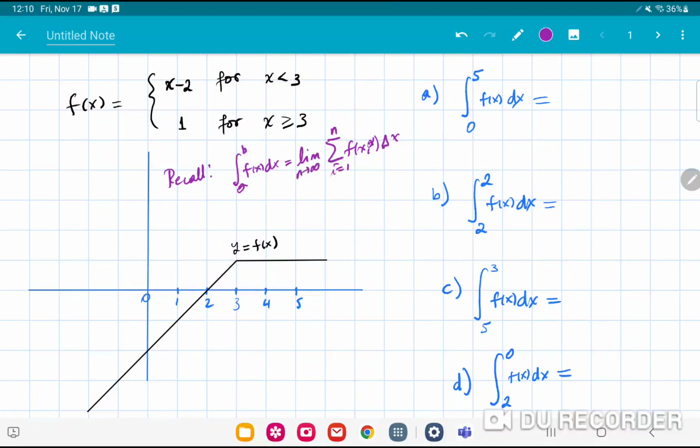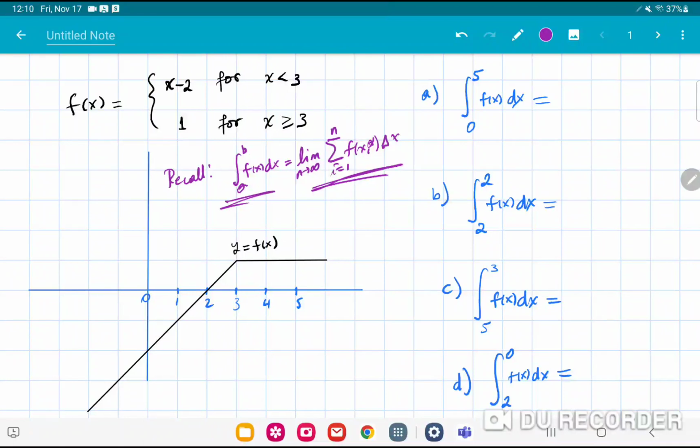And delta x is b minus a over n, and the xi stars are elements from each subinterval. This is a shorthand, where we saw in class that this really means we're trying to find the signed area between the graph and the x-axis. So that's what we will be doing, the areas we're going to calculate in this session.